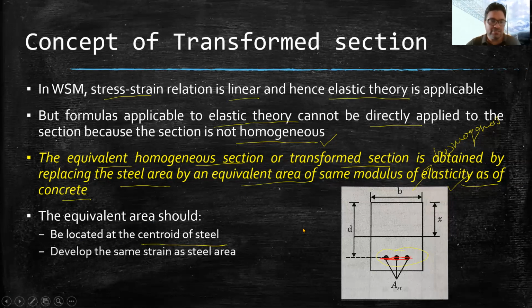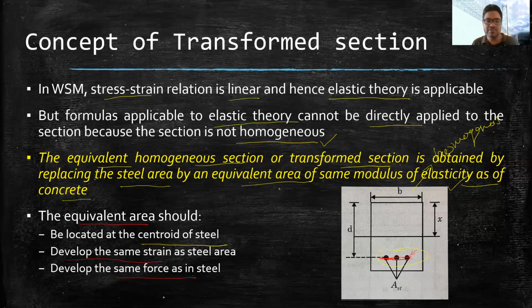The next point is that the equivalent area which we will be transforming will develop the same level of strain as in the steel. So the strain level in this steel bar will be the same as in the equivalent area that we will be replacing. The third point is that it will develop the same force as in the steel.